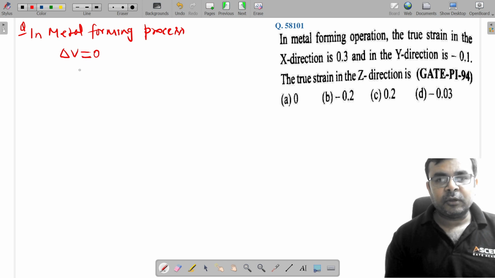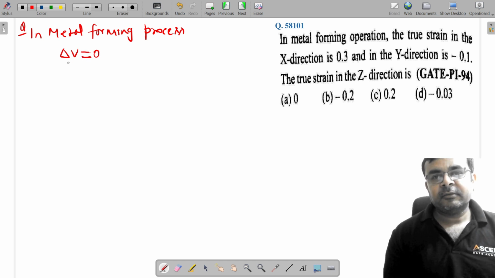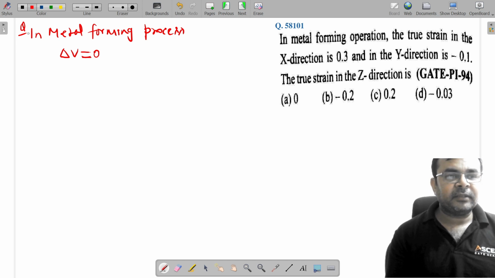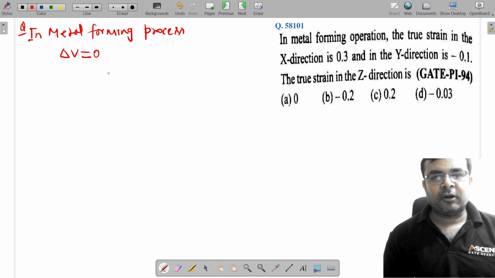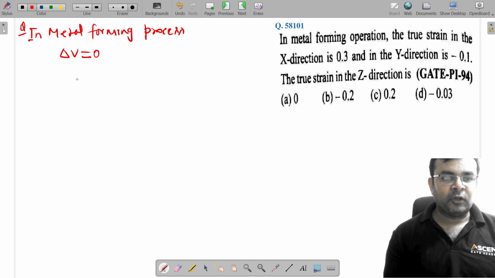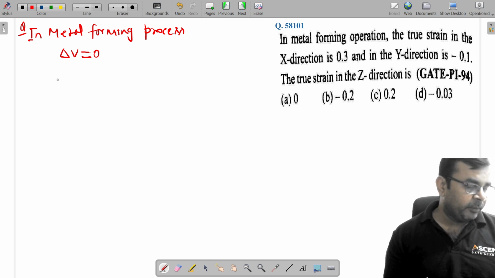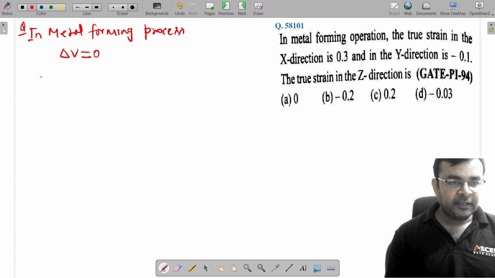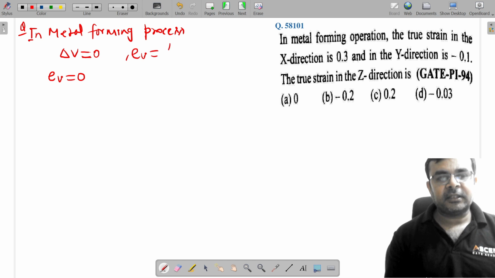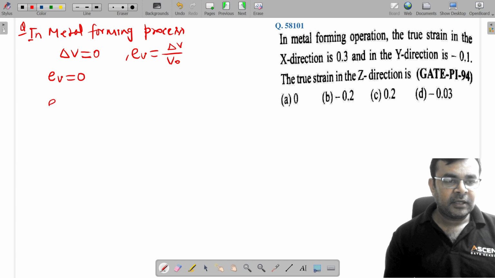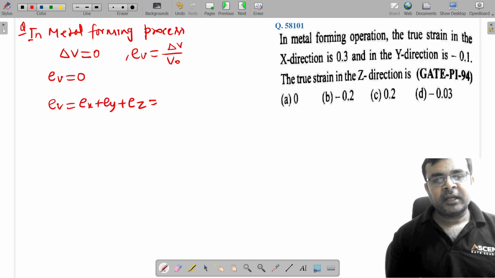And I already told you many times, the change in volume is always 0 in sheet metal operation. Here we use volume constancy, the law of volume constancy, meaning volume remains constant. And if volume remains constant, the volumetric strain is also 0, because volumetric strain is nothing but delta V by V, and if delta V is 0, so EV is also 0, and the volumetric strain is nothing but Ex plus Ey plus Ez, and this is equal to 0.